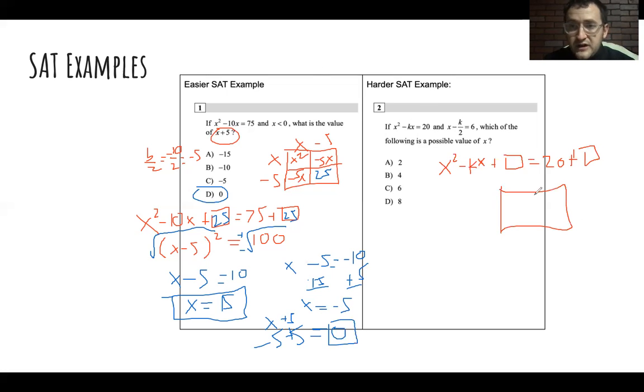So I know that I have x squared, and my b over 2 is just going to be negative k over 2.